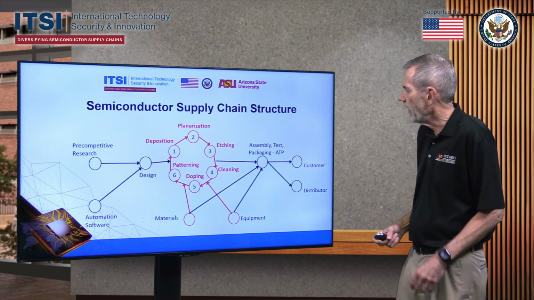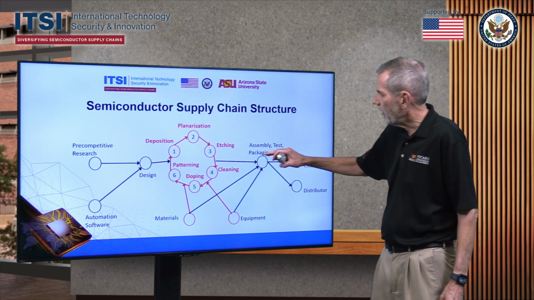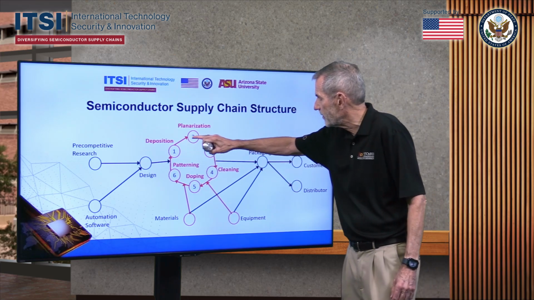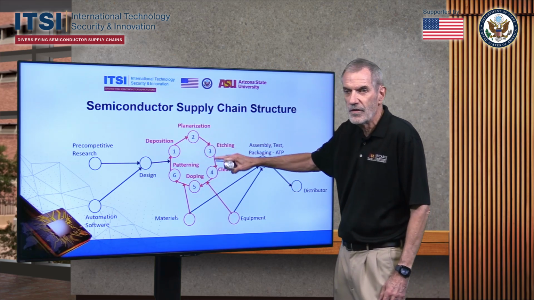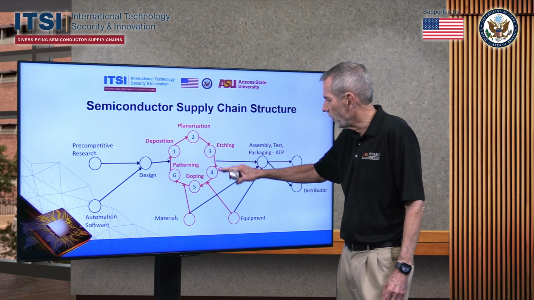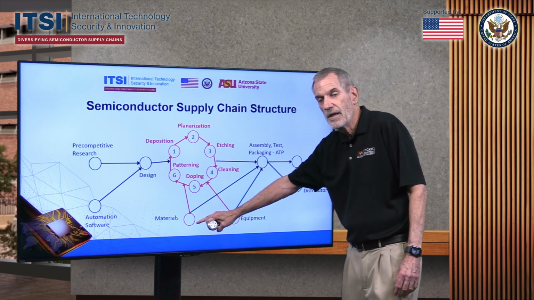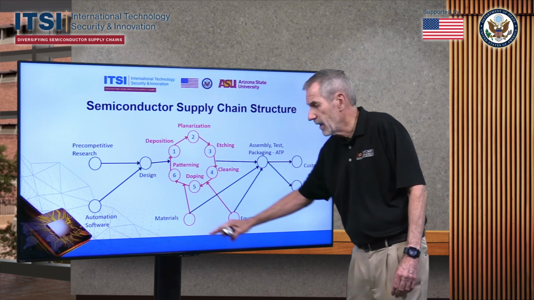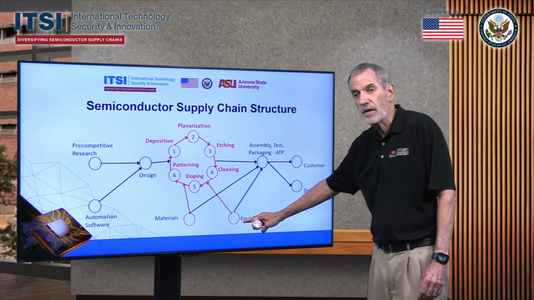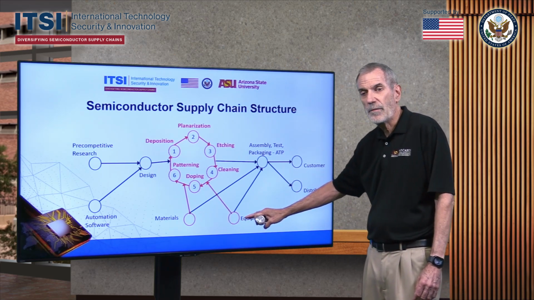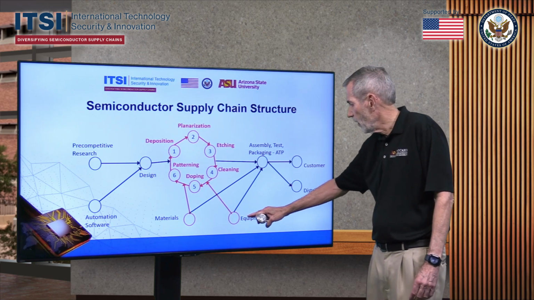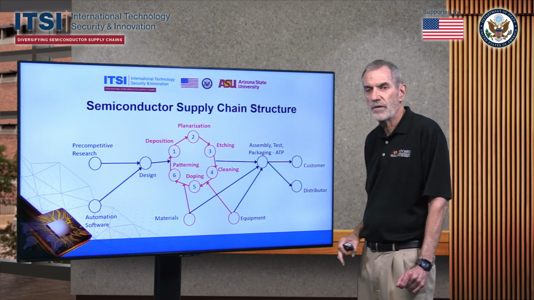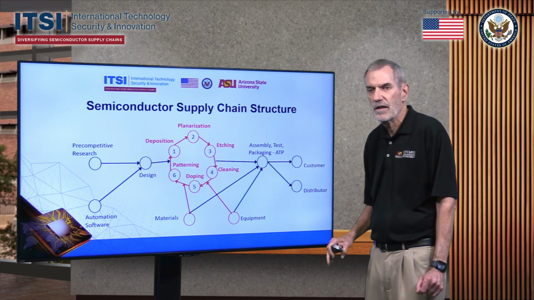Okay, so moving on. This is the part where we go through wafer fabrication, through this series of 6 steps. I won't go into all the details, but it requires very, very precise materials, and also equipment that is really quite powerful. In fact, much of the intellectual property of the industry these days is actually in the equipment.